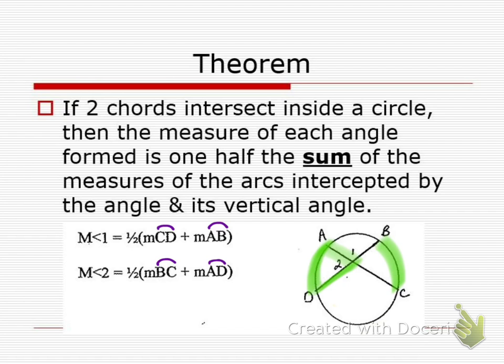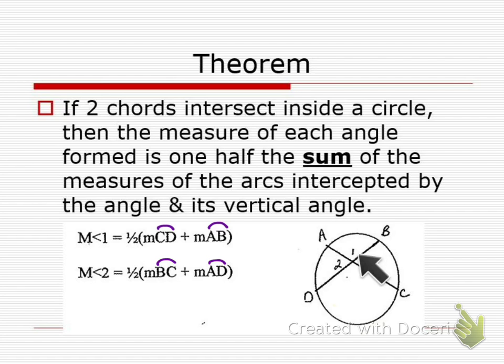Okay. The other thing I want to point out real quick while we're looking at this is what would angles 1 and 2 add up to if we were to just add those angles together? How do we measure angles? What unit measures angles? Degrees. How many degrees would I have if I added angles 1 and 2 together? 180. So keep that in mind.